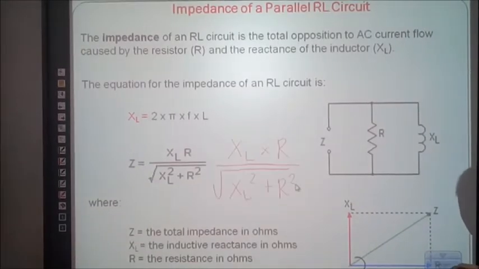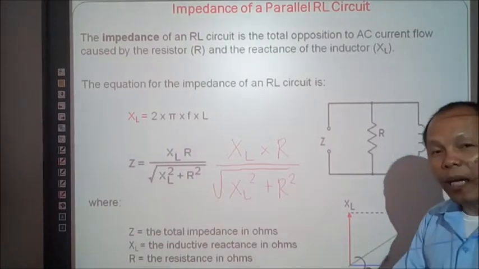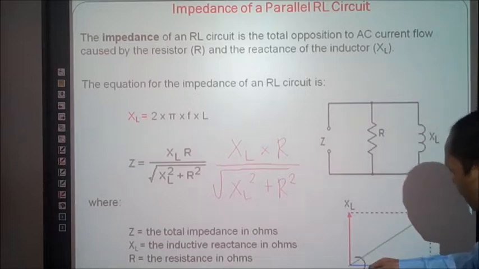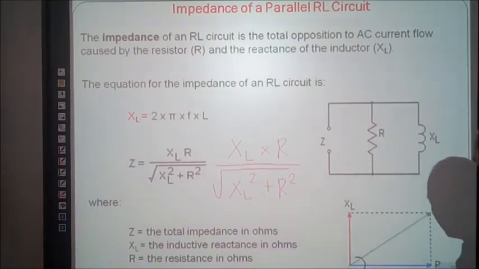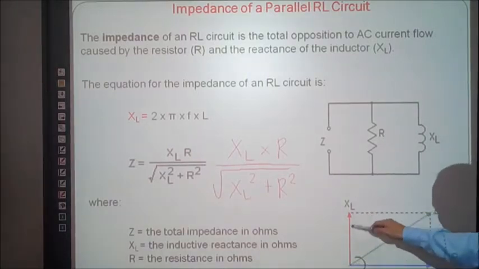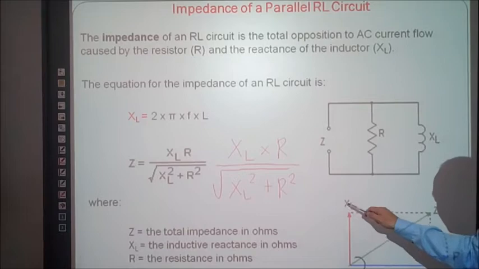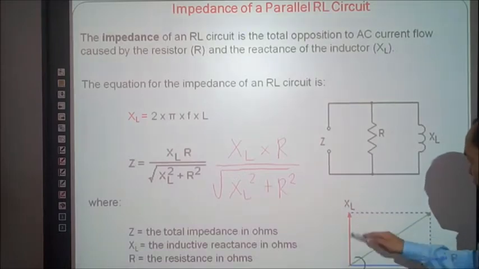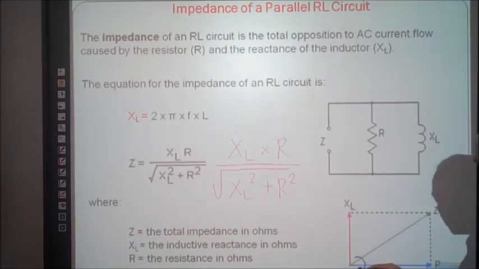Okay, by the way, let's discuss about this one. Now, if you make a graph, this is the x-axis and the y-axis. Here in the vertical axis is the inductor, and the horizontal axis is the resistor. Now, where is the impedance?